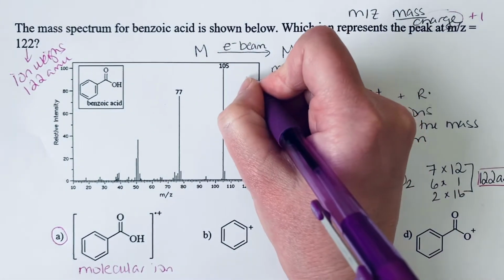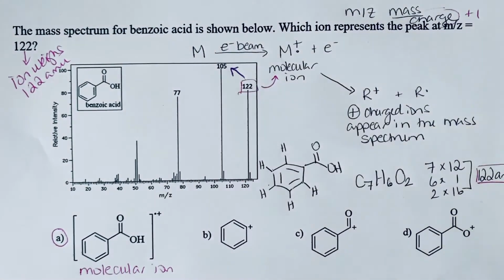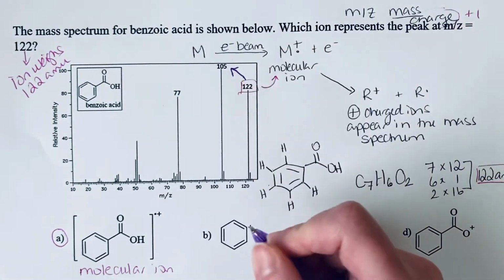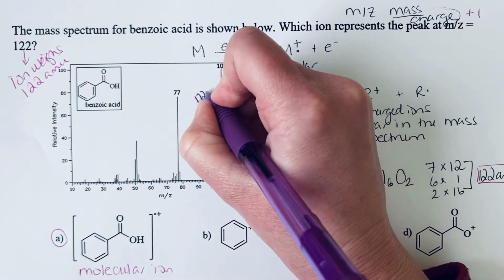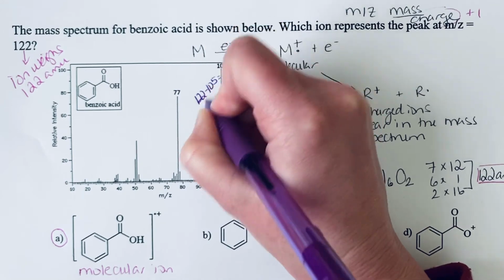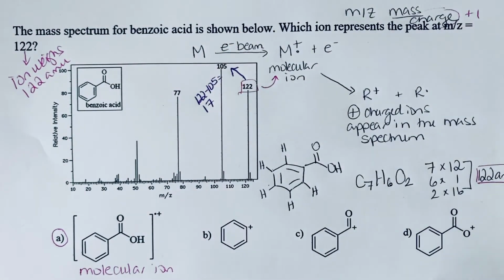If we look at going from 122 to 105, the difference, 122 minus 105, is 17. That tells you that 17 mass units have been lost. You'd have to ask yourself, what weighs 17 that we can readily imagine being lost from this molecule?